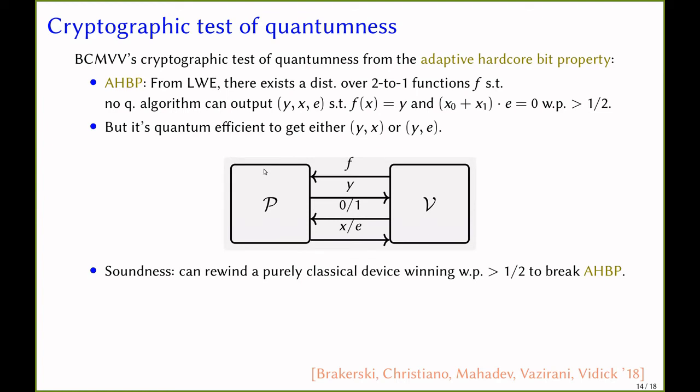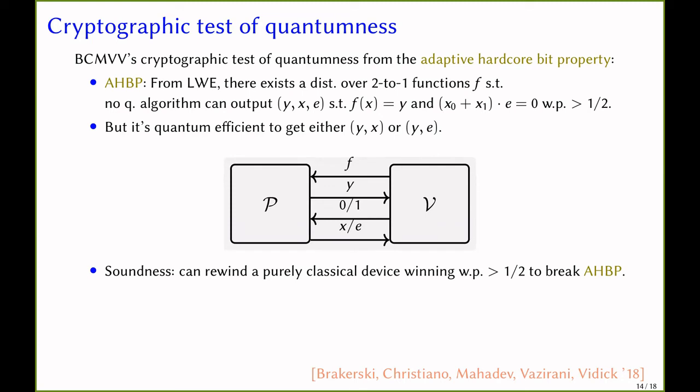By this property, it is simple to argue that there is a quantum prover who wins the protocol with probability 1. For the soundness, we want to show that every classical device can only succeed with probability bounded away from 1.